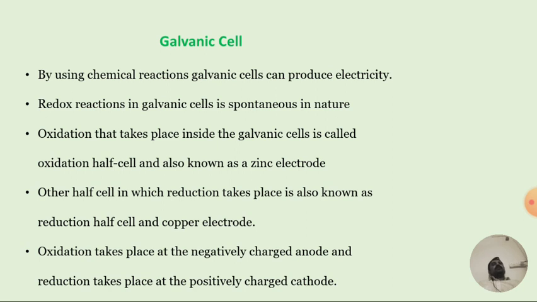In the previous example, zinc will oxidize and copper will get reduced. Oxidation takes place at the negatively charged anode and reduction takes place at the positively charged cathode.